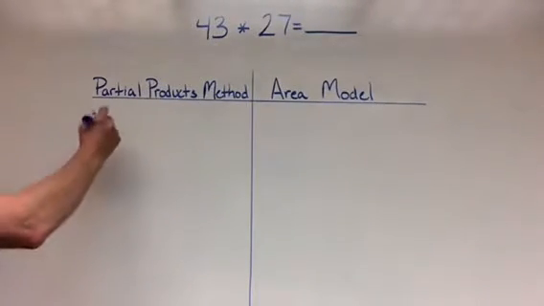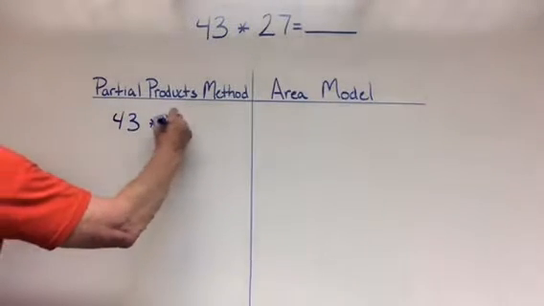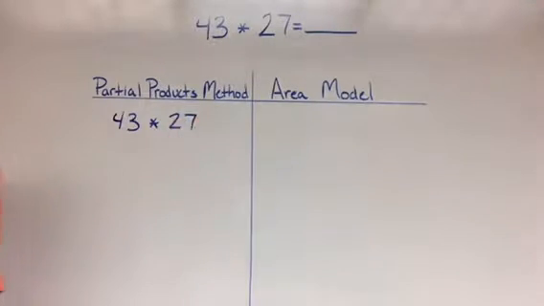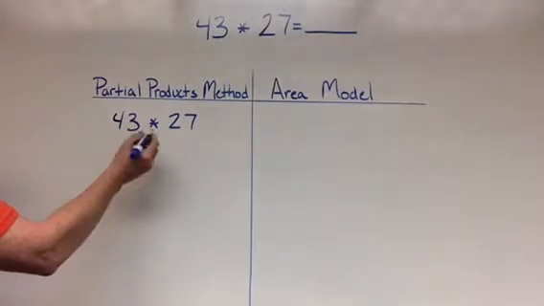And to do this, I'm going to rewrite the problem of 43 times 27. Now the partial products method breaks numbers down by their place value. So I'm going to do that for each of these first to show what I'm doing.